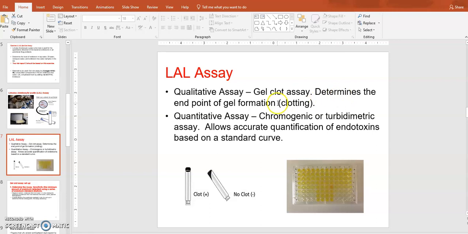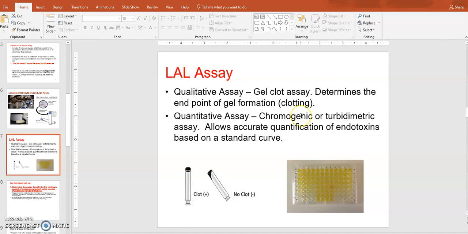And then there's another, more sensitive assay that's considered a quantitative assay. Some LAL could be conjugated with color substances, which we call chromogenic substances. If those bind with the endotoxin, they will develop color. That color detection could be done using spectrophotometry, right?